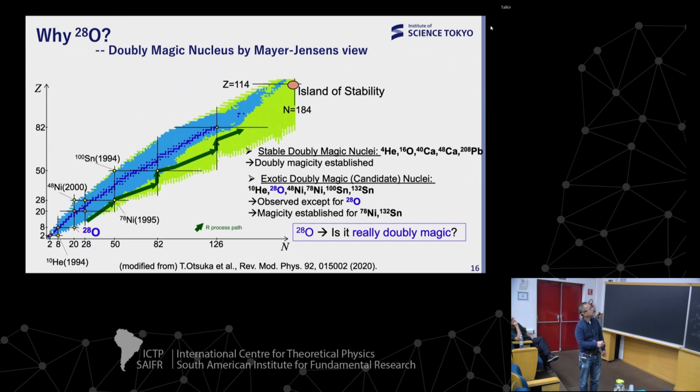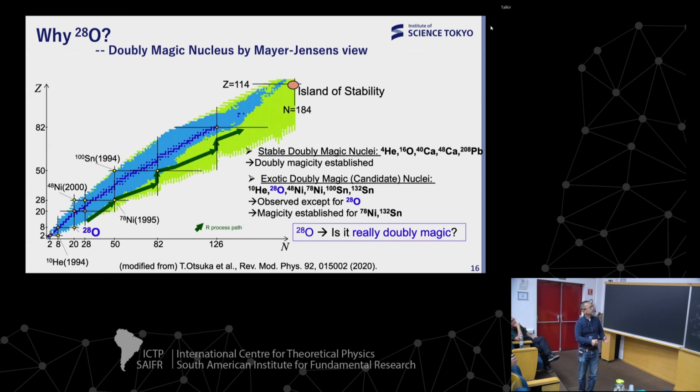Nickel 78 was observed in 1995, I think at GSI, and almost at the same time at Ganil. Same for tin 100. I think it was a kind of competition between the French and the Germans, Ganil and GSI, who observed it almost at the same time. Nickel 48 was observed at Ganil in 2000, something like this. But oxygen 28 was not measured before.